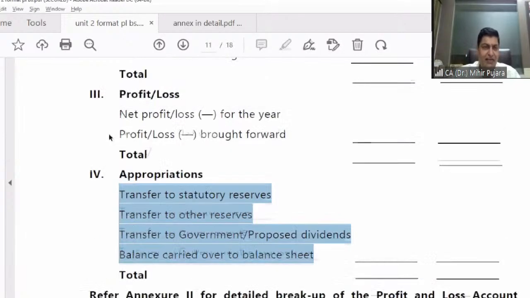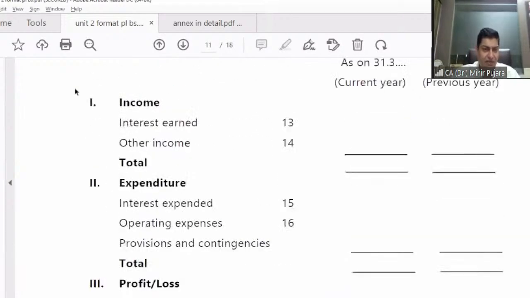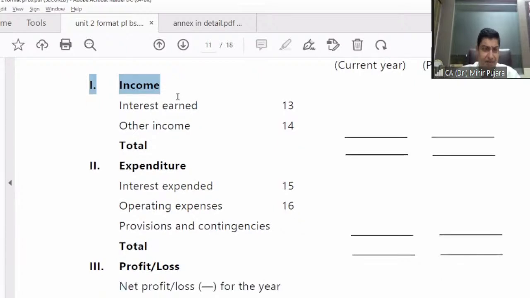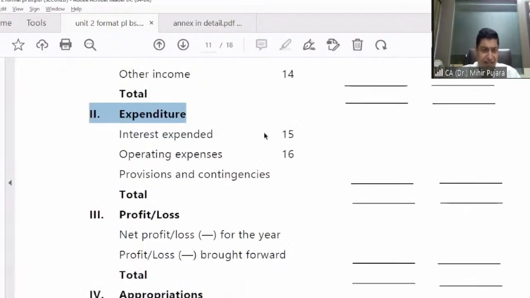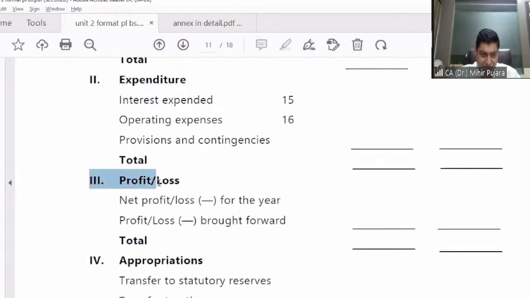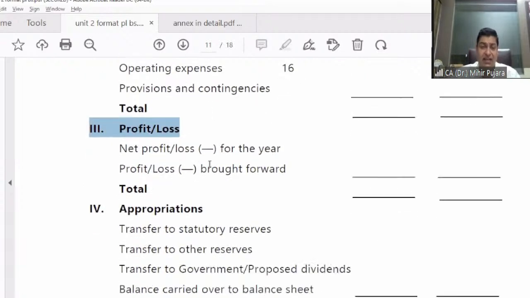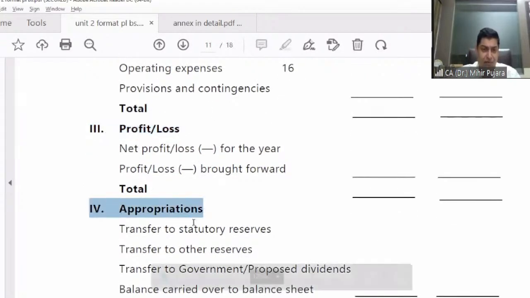So you can say there are four parts. First part is income, schedules 13 and 14. Other part is expenses, 15 and 16. Then profit and loss of previous year plus current year, and then provisions.